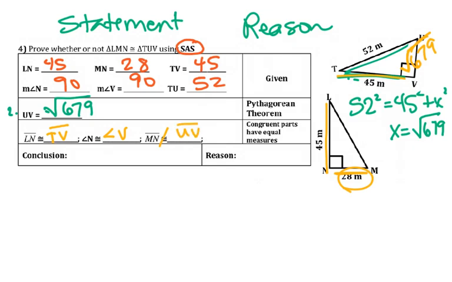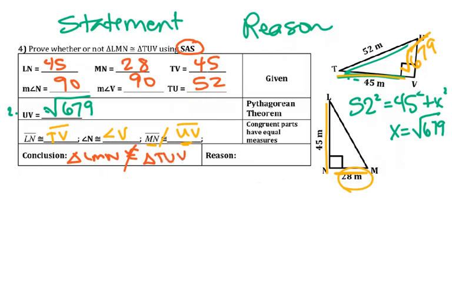And so because of that, well, the reason why we said these other ones is because congruent parts have equal measures. So if they have the same measurement, they're congruent. But since MN and UV do not have equal measures, they're not congruent. So my conclusion is that triangle LMN is not congruent to triangle TUV.